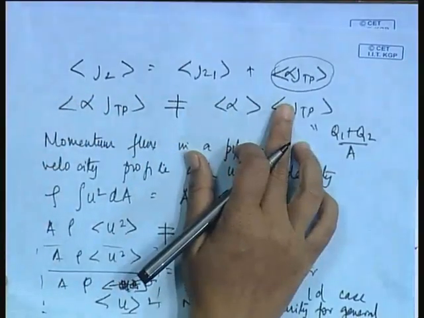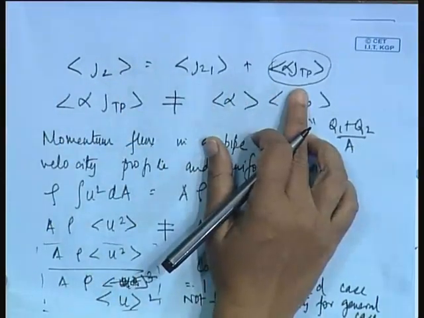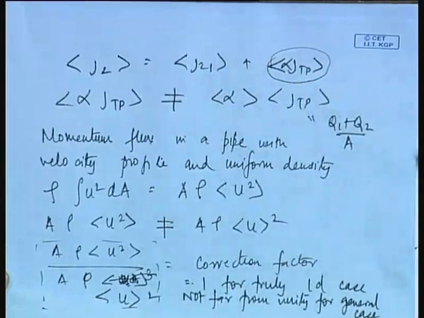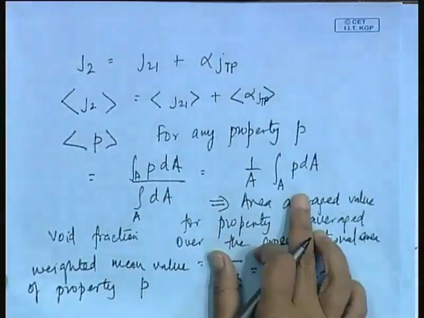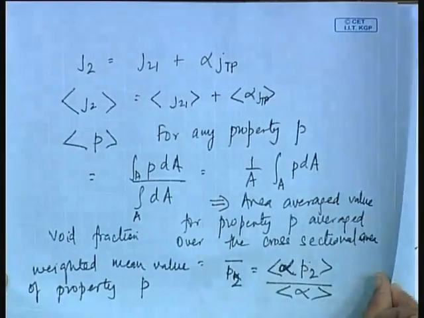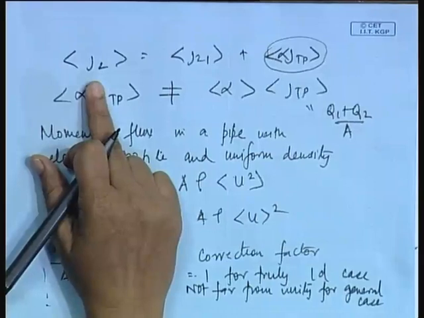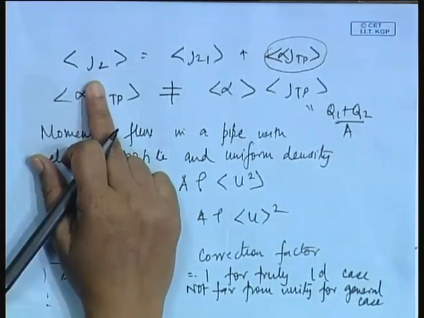Just to make corrections to the simple one dimensional theory, what we did, we first wrote down the actual equation in the form of averaged quantities. Now, all these quantities are area averaged quantities, which can be defined in this particular form. And next, we found that more or less this can be obtained from an easily measurable parameter.